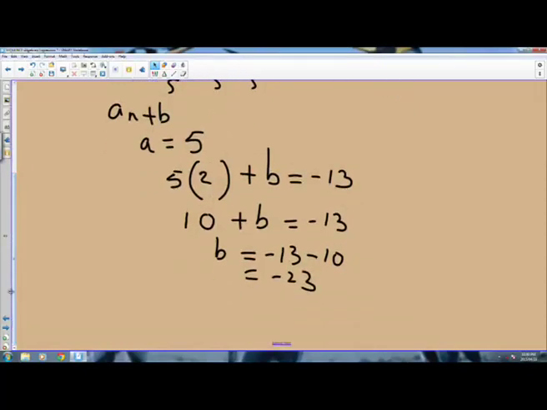Now the expression for the algebraic form will be an plus b. The value of a is 5, and we maintain n, plus negative 23, which is the value of b.